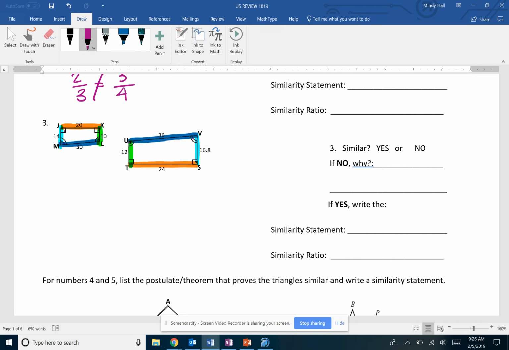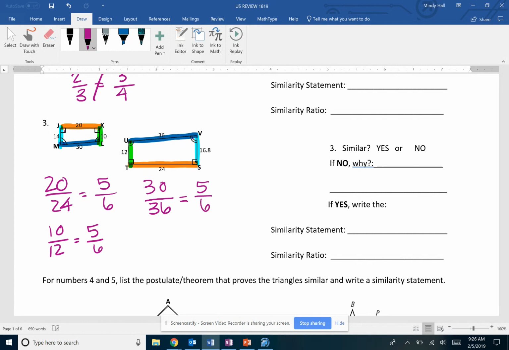So to actually do this, we'll compare. We have 20 over 24, which would simplify to, if we divide by 4, 5 over 6. If we do 10 over 12, same thing, we get 5 over 6. If we do 30 over 36, that's the dark blue, again, we get 5 over 6.